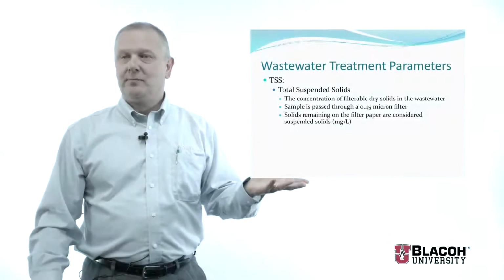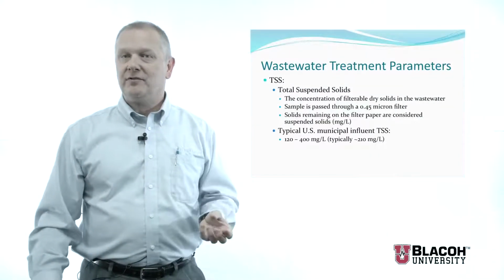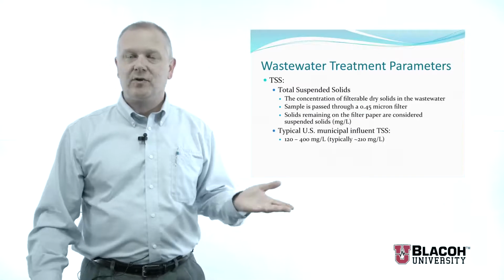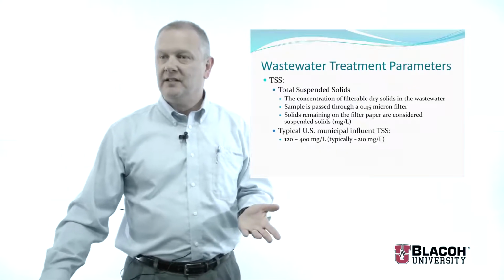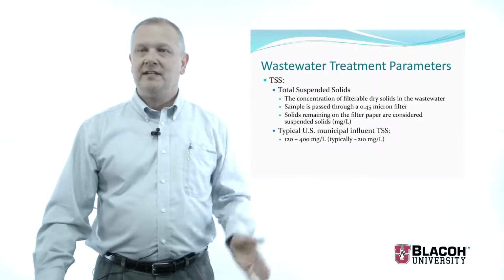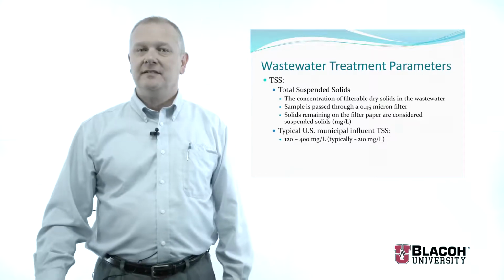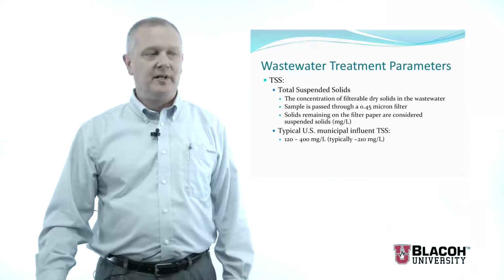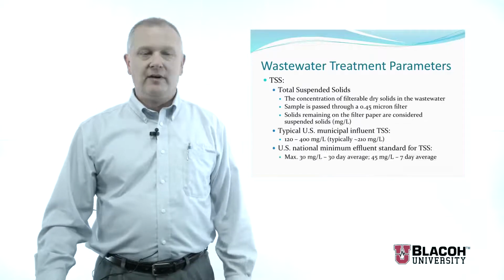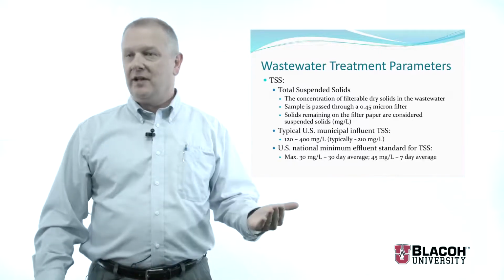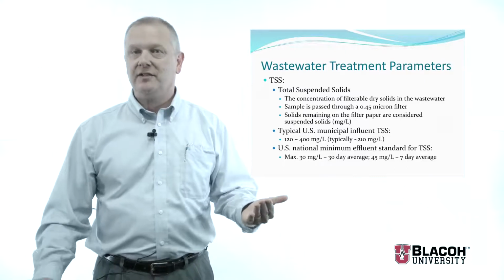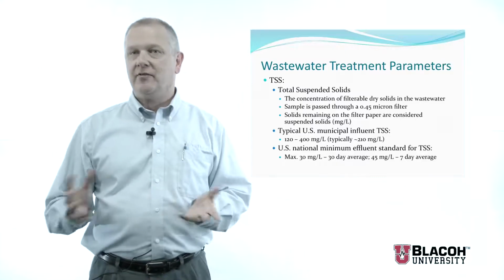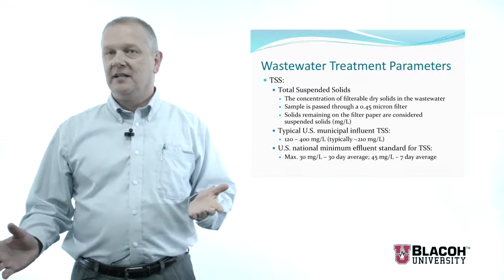Again, the typical influent coming into a sewer treatment plant in the United States is somewhere around 200 milligrams per liter. There's a range there, again, depending on the type of community and the industries and so on that are in the community. Again, the U.S. national minimum standard is 30 milligrams per liter of suspended solids going out of the treatment plant in a 30-day average, or 45 milligrams per liter for 7 days.